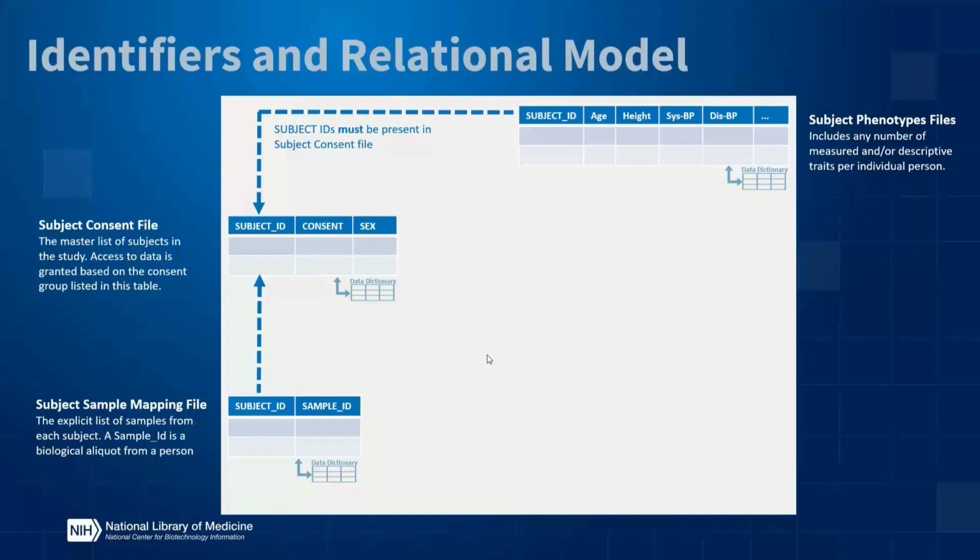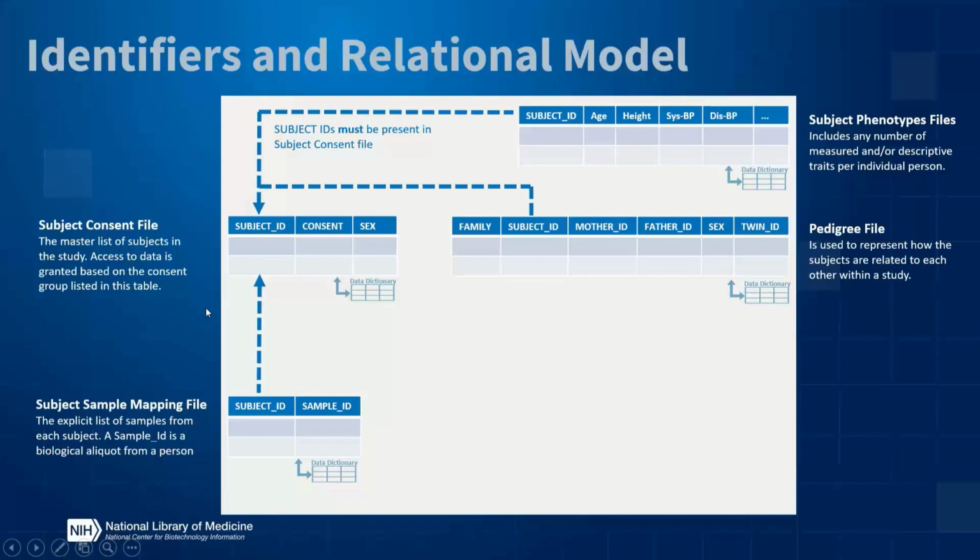Next we have what we call the pedigree file. The pedigree file is only necessary when there are related people within the study. This file represents the relationships of the subjects to each other.